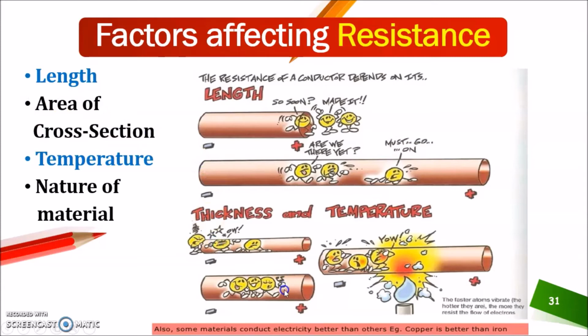And area of cross section. If we increase the thickness, just like this, resistance will decrease. Okay, it means resistance is inversely proportional to area of cross section. Is it clear? And now temperature.